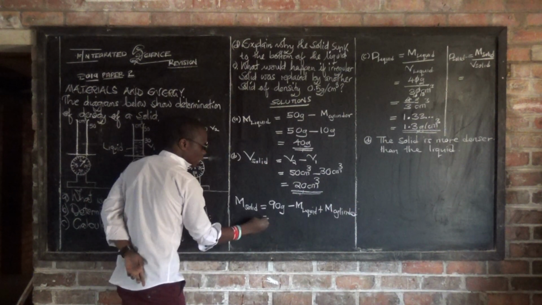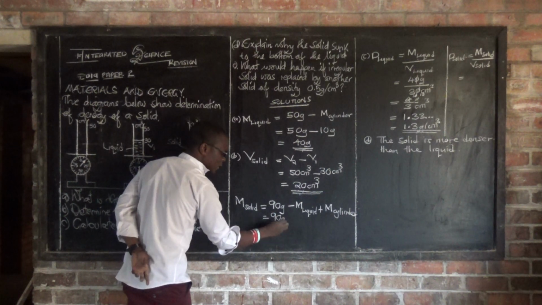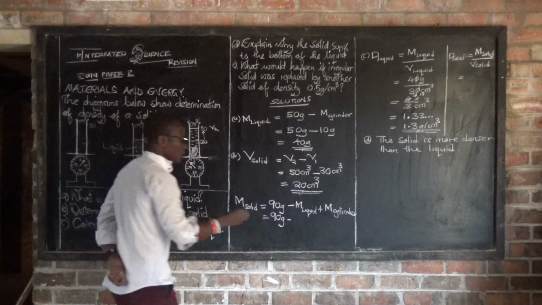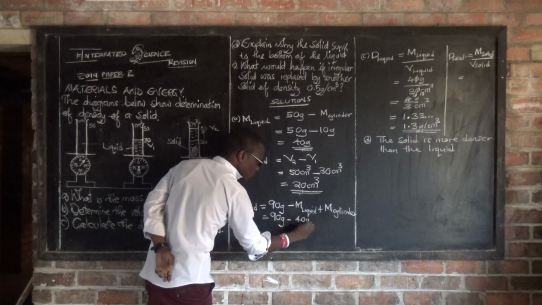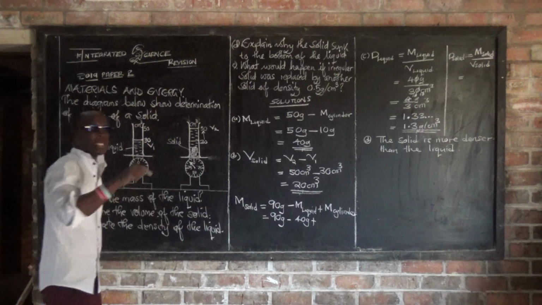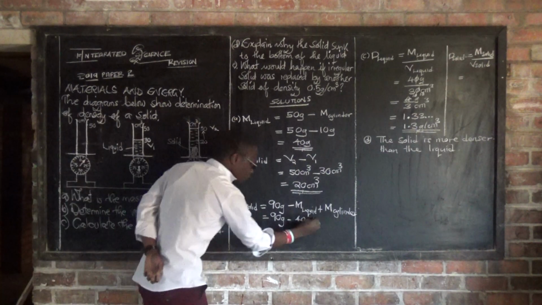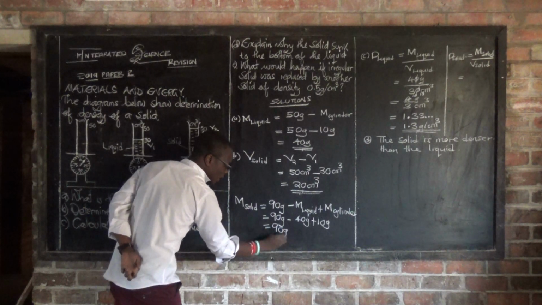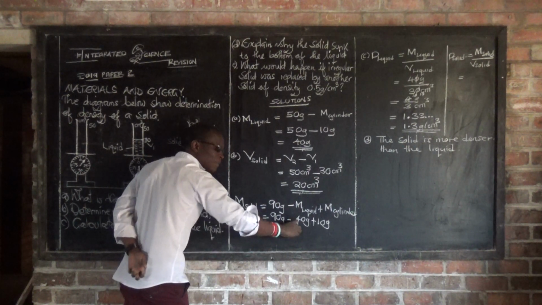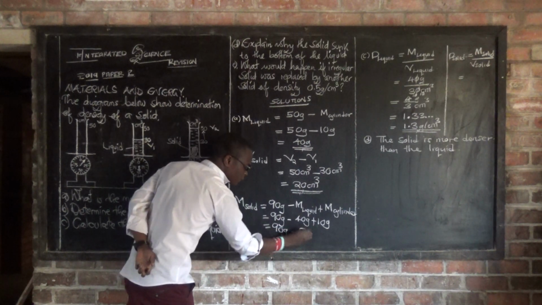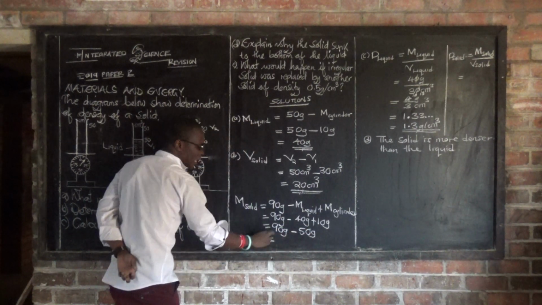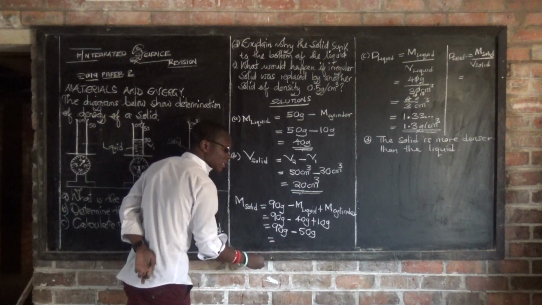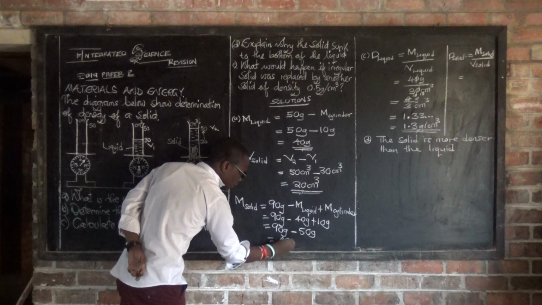Then it is equal to 90 grams minus the mass of the liquid, which is 40 grams, plus the mass of the cylinder, which is 10 grams. So 90 grams minus 50 grams, you get 40 grams.